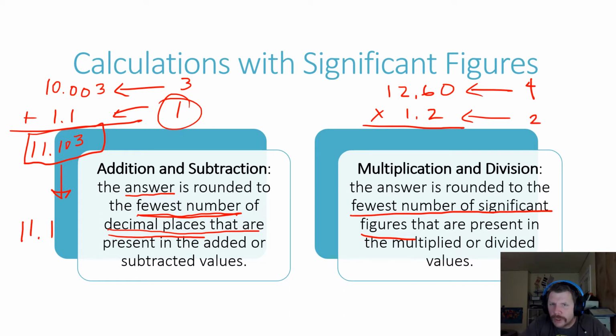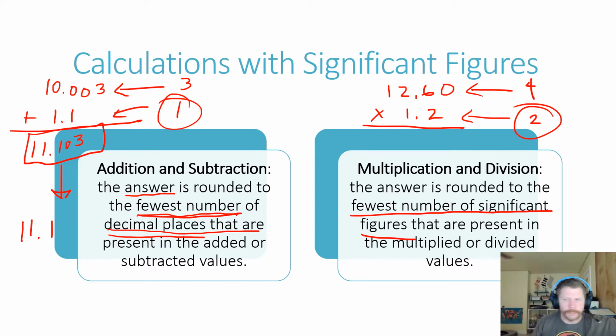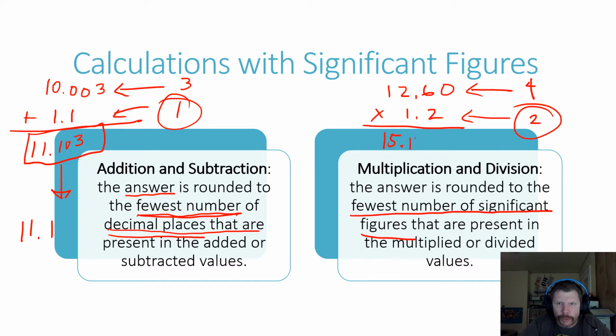So I need to round my answer to reflect only 2 significant figures. I can plug that into my calculator, which, oh man, I did what I always do with my calculator: I put it somewhere and lost it. But lo and behold, I found it. 12.60 times 1.2 equals 15.12.